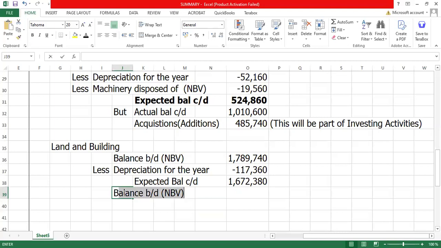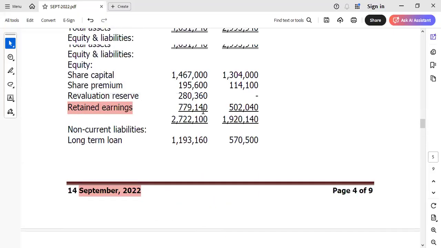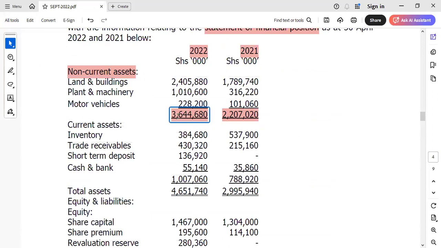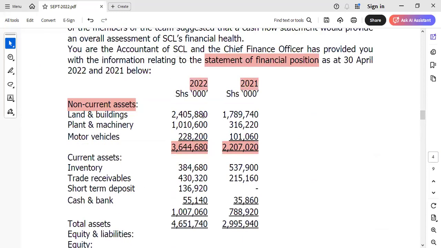But when you look at your balance sheet, what is the actual balance carried down? At year end, what is the net book value at year end for land and building? It is this one.